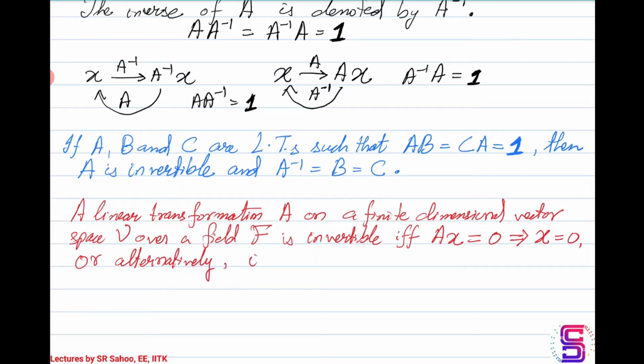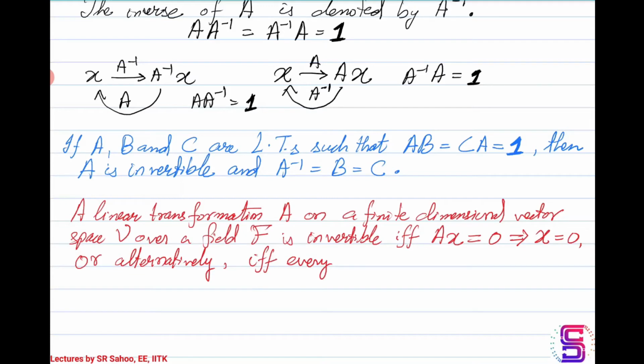So for a linear transform defined on a finite dimensional vector space, if you want to verify whether it is invertible or not, check that if the transformation acting on a vector gives you a 0 vector, then the vector itself has to be the 0 vector. So an invertible linear transform defined on a finite dimensional vector space, when acting on a zero vector, will only give you the zero vector. If it acts on a non-zero vector, it will never give you a zero vector.